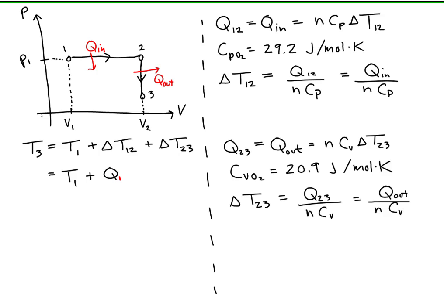Substituting our expressions for the temperature changes, we have T3 equal to the initial temperature T1 plus Q added over NCP plus heat removed divided by the number of moles times the molar specific heat at constant volume.